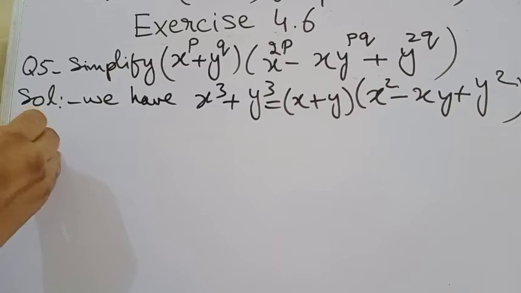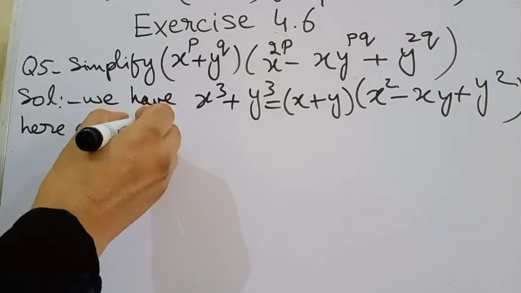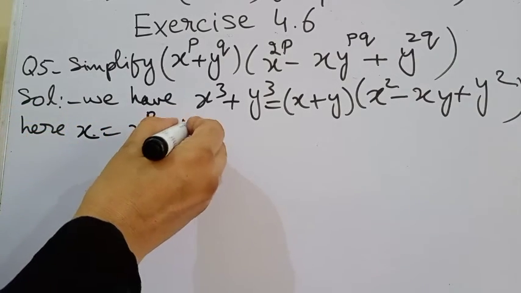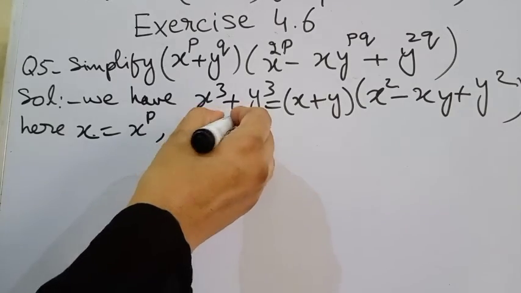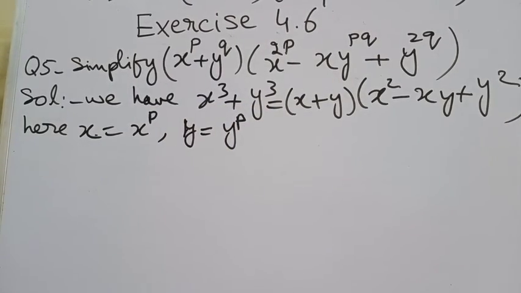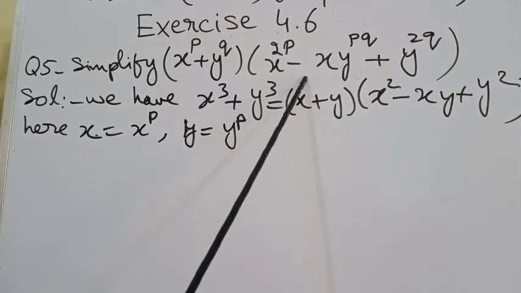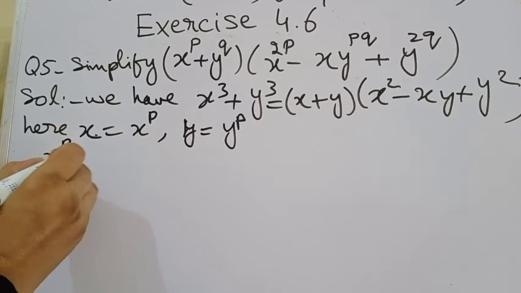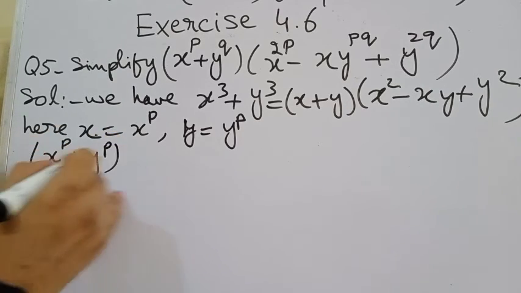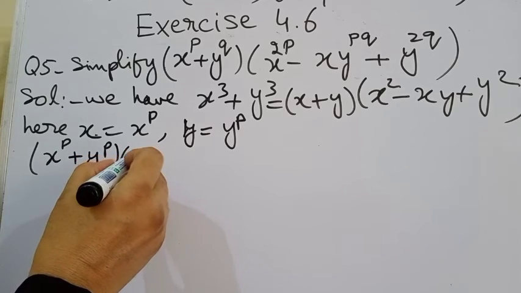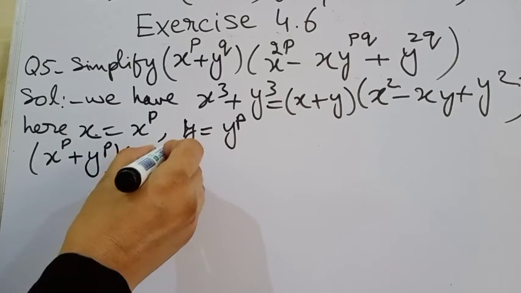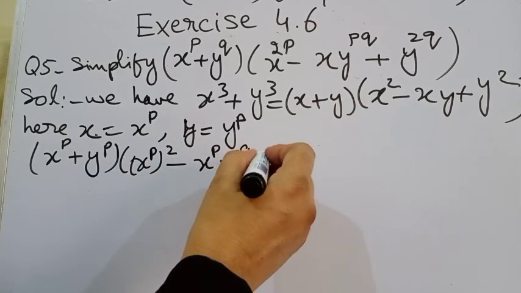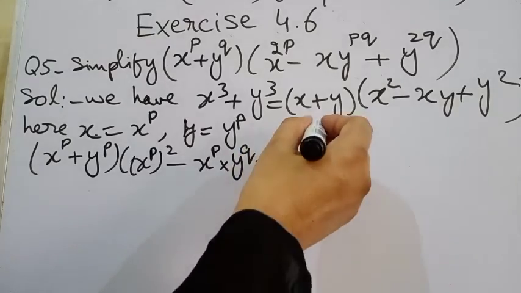Here we have a is equal to x raised to power p and b is equal to y raised to power q. We modify our question into this form as x raised to power p plus y raised to power q into x raised to power p whole square minus x power p into y power q plus y raised to power q whole square.